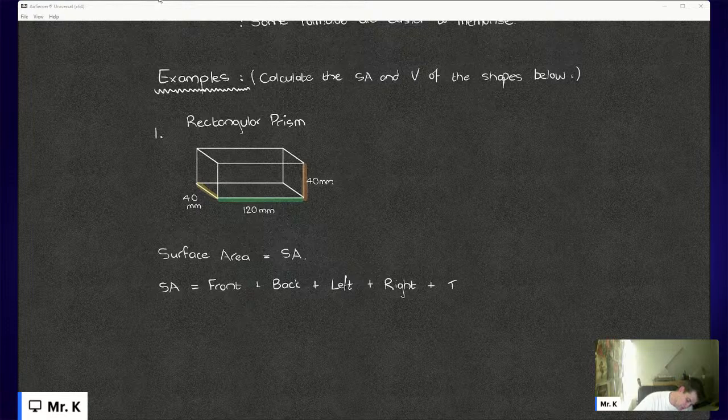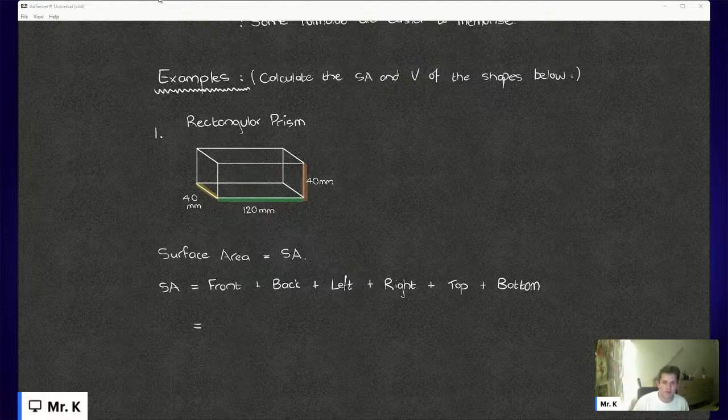It's not always going to be so easy to label the different sides, but you've got to find a way to keep track of which sides you have already accounted for and those that you haven't. In this case, if we're working on this front plate over here of this shape, we see that it's 120 millimeters long and 40 millimeters tall, right?